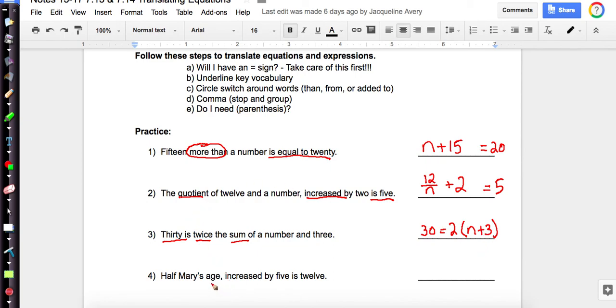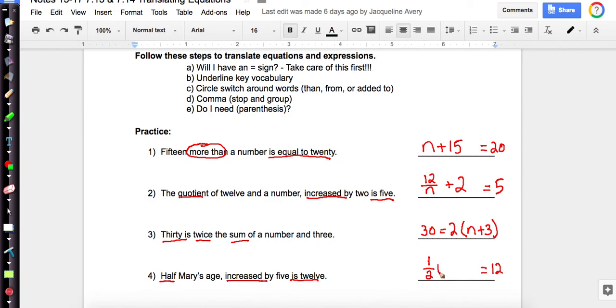Okay, number 4. Half Mary's age, even though this is not on our list, we'll do a keyword here, increase by, is 12. So I'm going to write the equals part first, so equals 12. Half Mary's age. So when I take half of something, I just put the fraction in front of the letter.